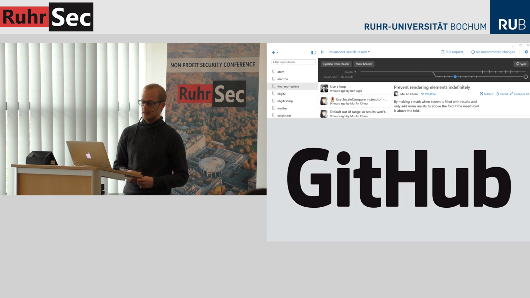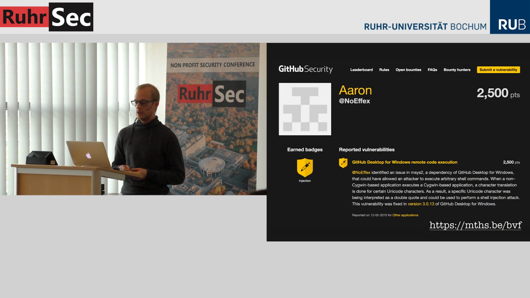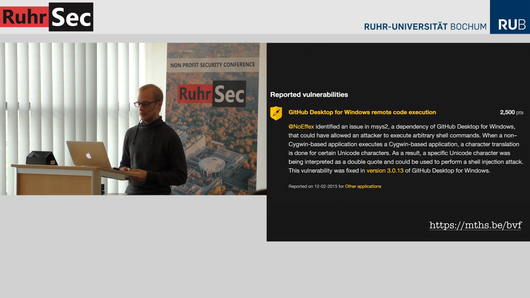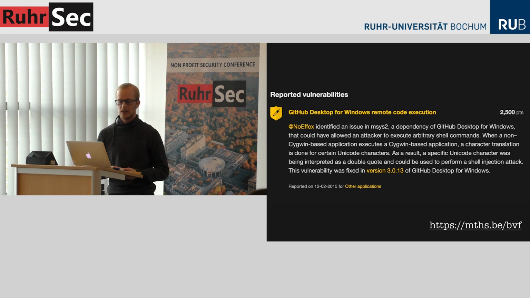Another example of this is with GitHub. Now, GitHub doesn't just have the website, they also offer desktop applications for Windows and for Mac. And this is about a vulnerability in the Windows client. There's not really a lot of information available about it, but it shows that certain character translations were being done in the client.